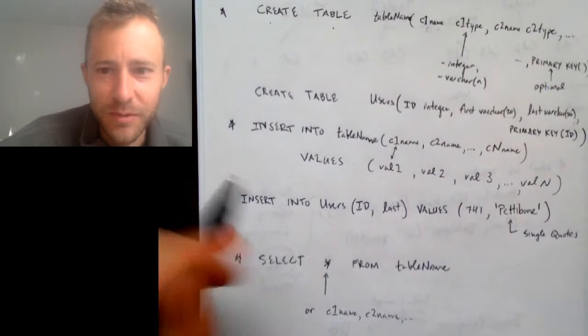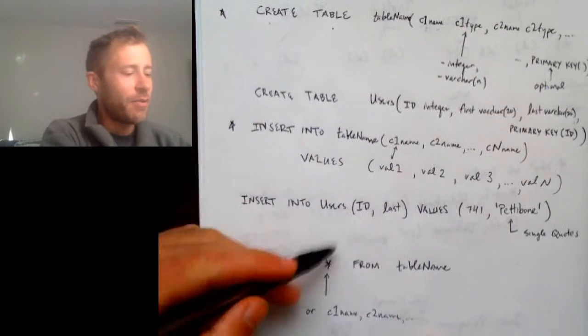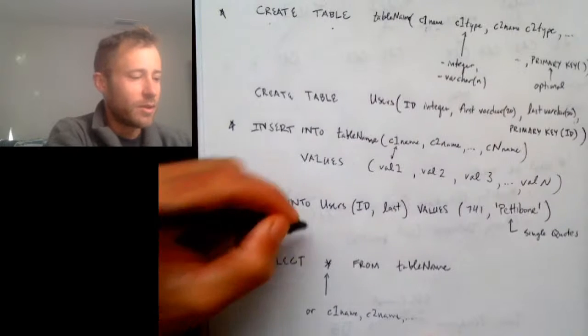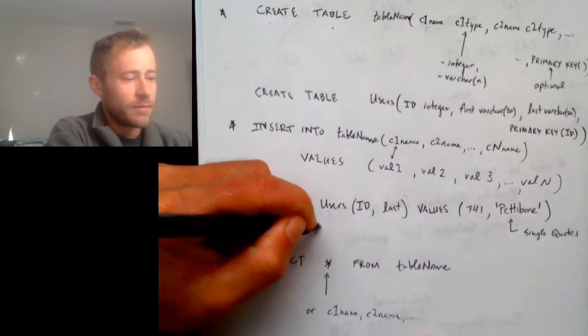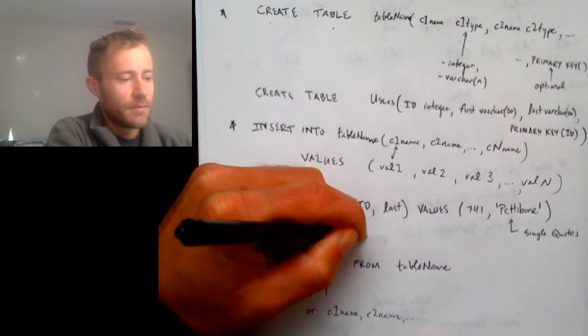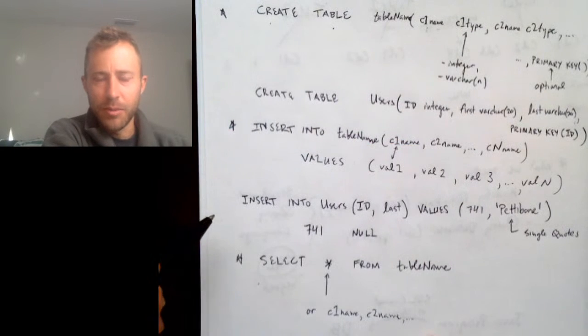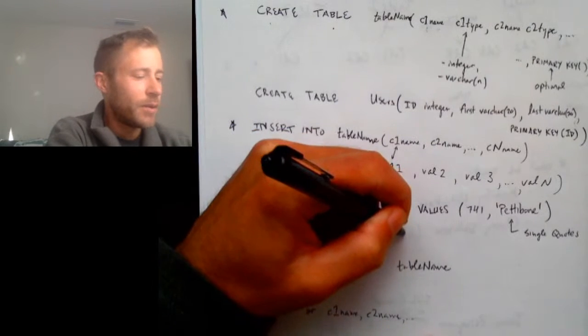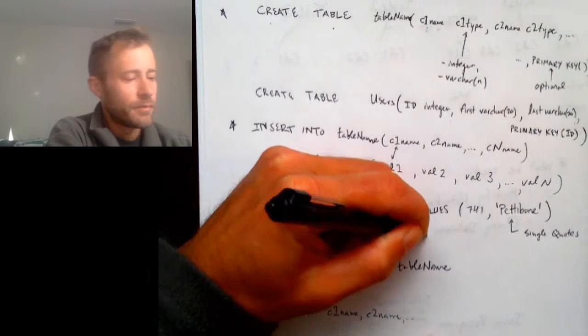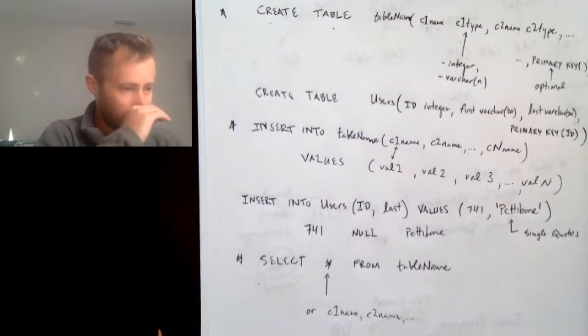It would just be more confusing. So this is going to add the row into the table: 741, null, because I didn't put in a first name, Pettibone. Okay.